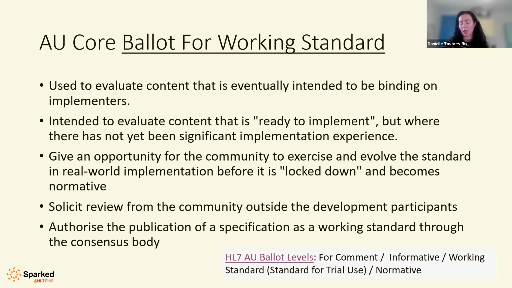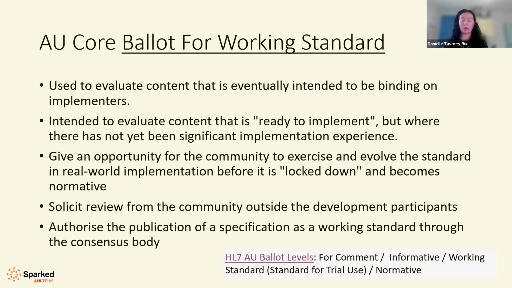We did that in March and got some really good feedback that we've folded now into R1, and we think we now have our R1 draft out, and we've put that out for working standard. Working standard is also known as standard for trial use, and this is used where we are intending to say that this is a set of material that we think is ready to implement.